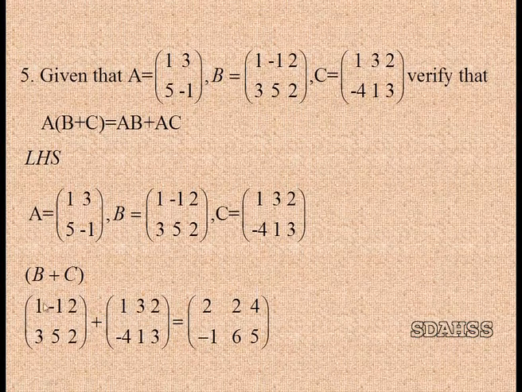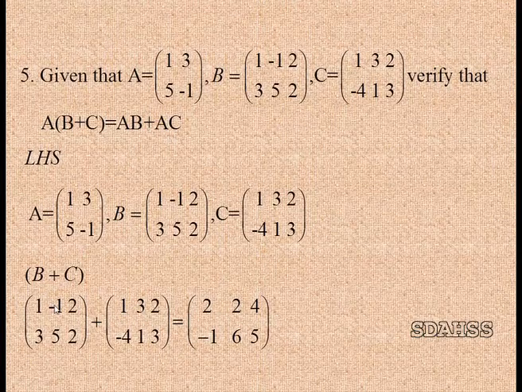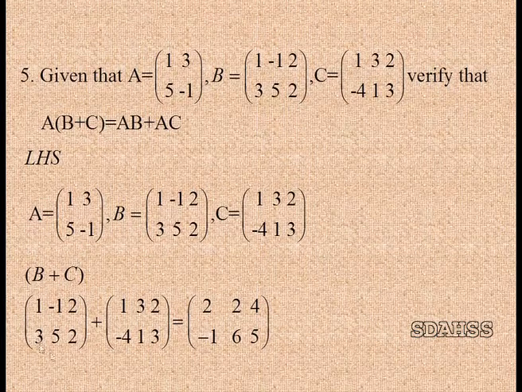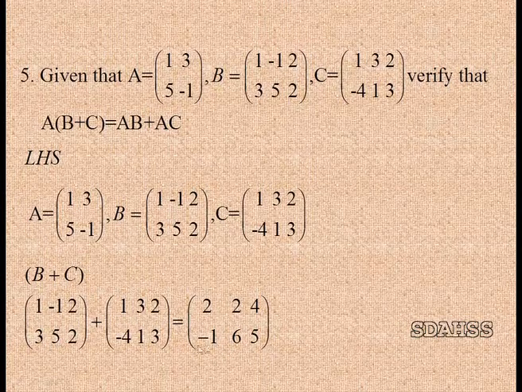Then add straight away. You can add 1 plus 1, 2. Minus 1 plus 3, 2. 2 plus 2, 4. 3 minus 4, minus 1. 5 plus 1, 6. 2 plus 3, 5.